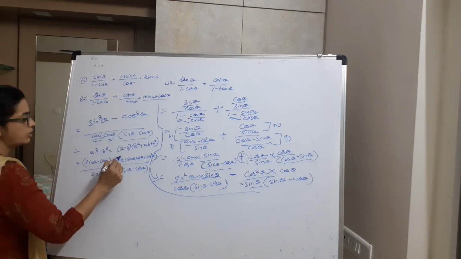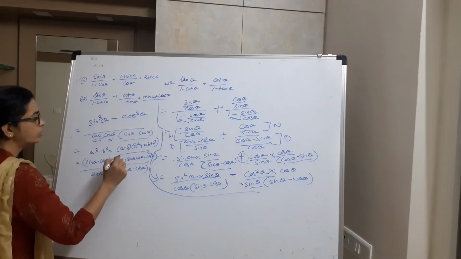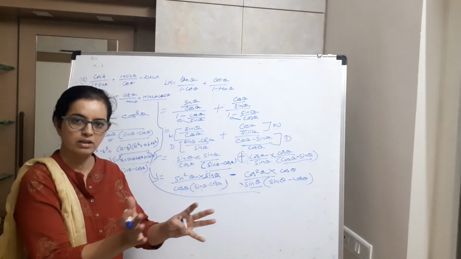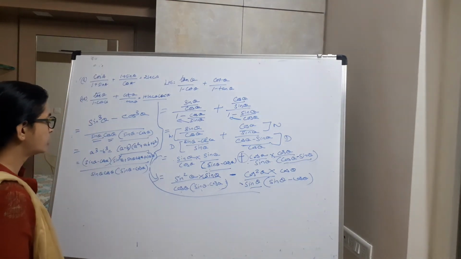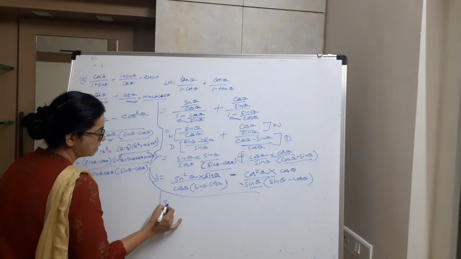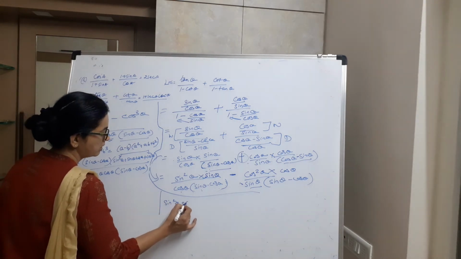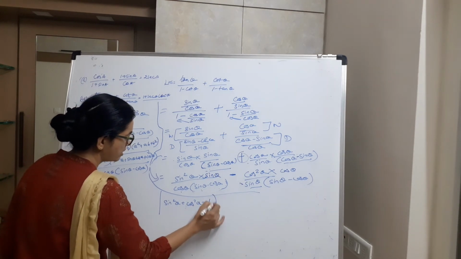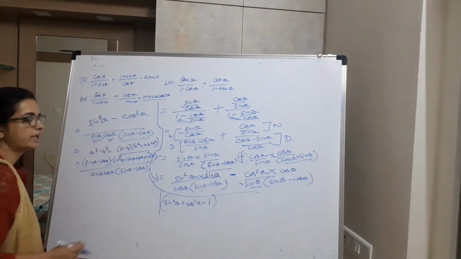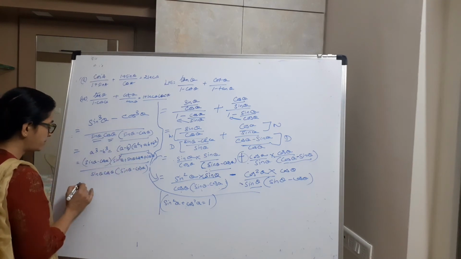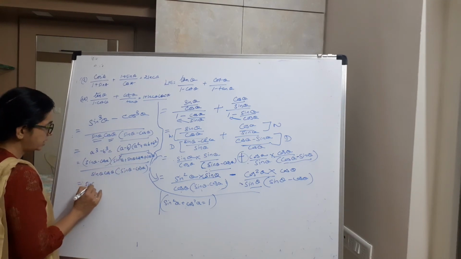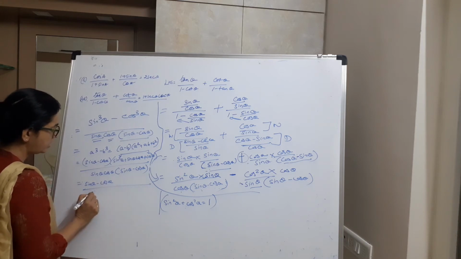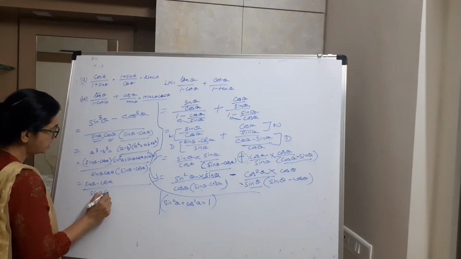I always tell you that wherever you find these two, sine square theta and cos square theta, make a group of them, because they are forming the identity sine square theta plus cos square theta is equal to 1. Very useful identity. So group them. You get again sine theta minus cos theta. Everything in the denominator should be as it is.